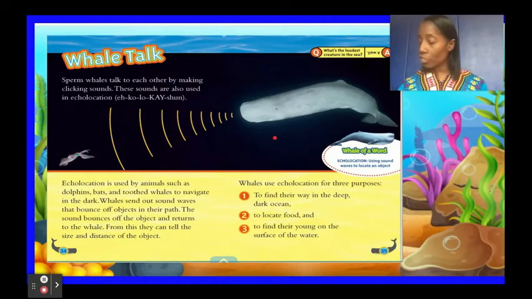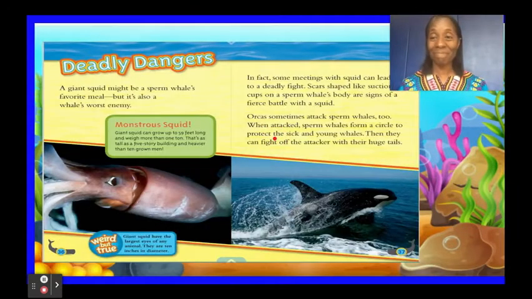So the next page, scholars, we're going to turn to is page 36. Deadly danger. Now, one of the things that the author wants us to know is that a whale can get into a fight. And usually he gets into a fight with a squid when he's trying to eat the squid.